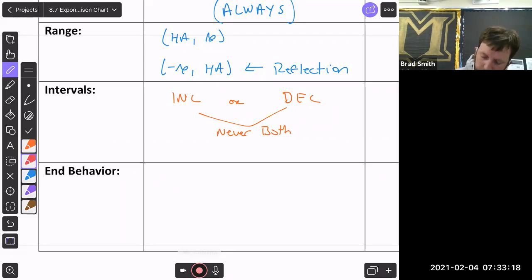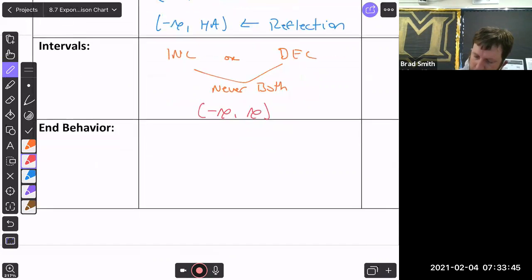It's also on your domain, so remember your domain is negative infinity to positive infinity. So it's either increasing or decreasing. It can't be both. The whole thing is either increasing if it's a growth or decreasing if it's a decay. And it's always your domain, so negative infinity to positive infinity.